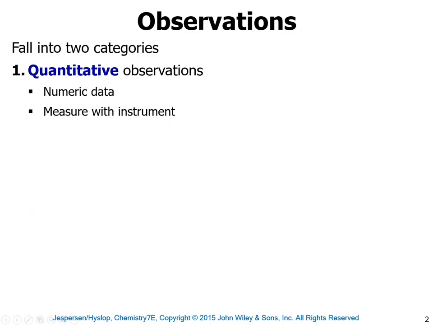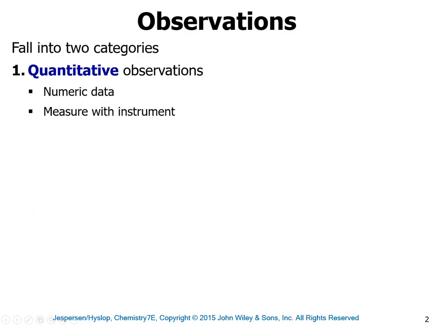To begin this discussion about measurements, I first want to talk to you about the different ways that we can make observations. Science is about observing and measuring and taking note of those things to be able to make predictions at some point. The observations can fall into two different categories.